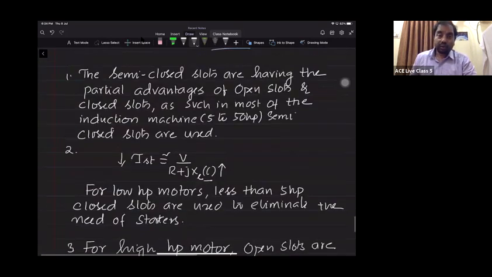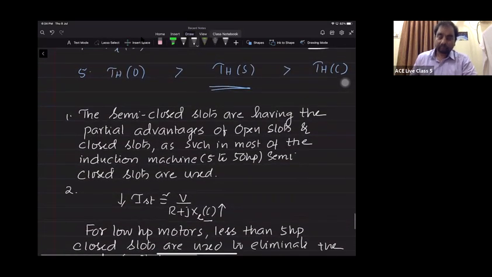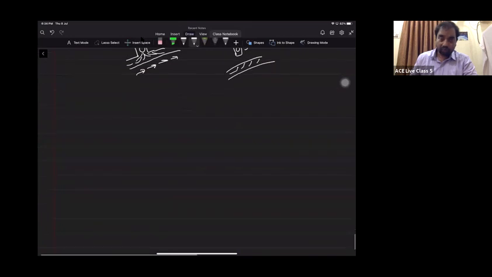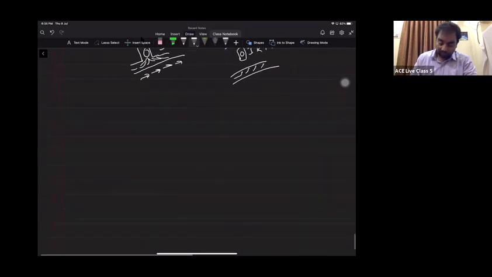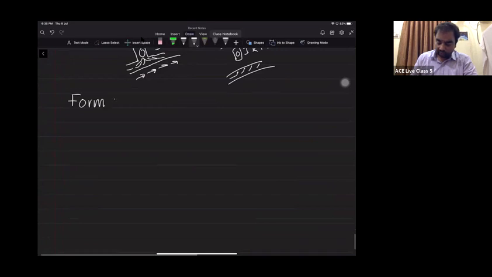The next and very, very important concept is the formation of poles. One has to understand the formation of poles.